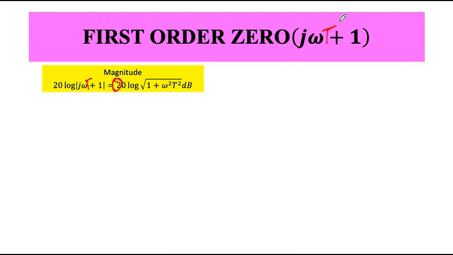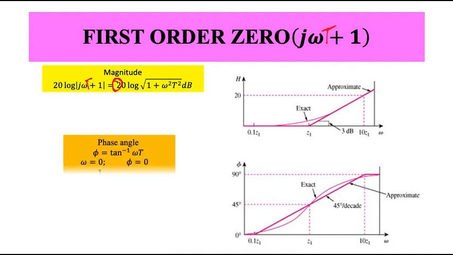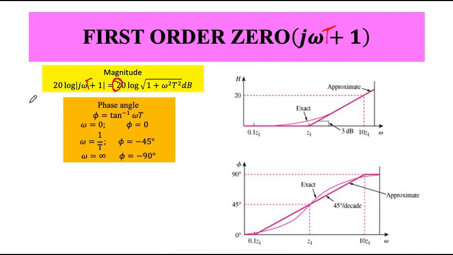So minus 20 will become positive. Everything will be the same, just that in the case of phi, at 0, phi would be 0, at corner frequency positive 45, then it will be positive 90. So I will use this graph for phasor and this for magnitude of the first order zero factor.